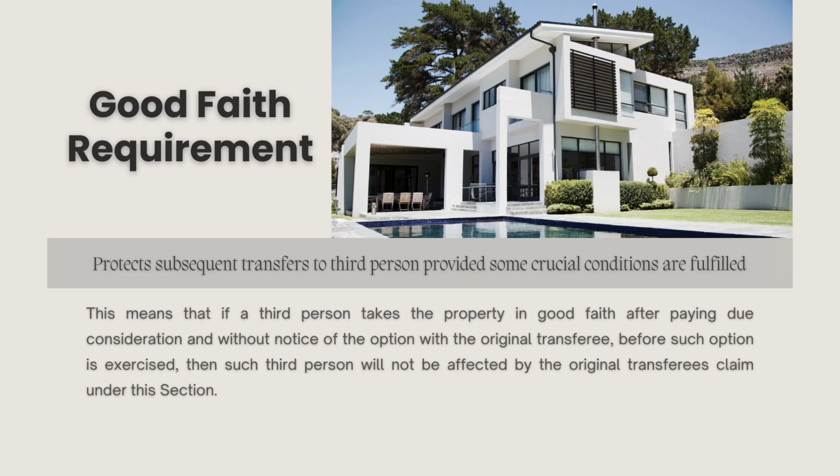This means that if a third person takes the property in good faith after paying due consideration and without notice of the option with the original transferee, before such option is exercised, then such third person will not be affected by the original transferee under Section 43.